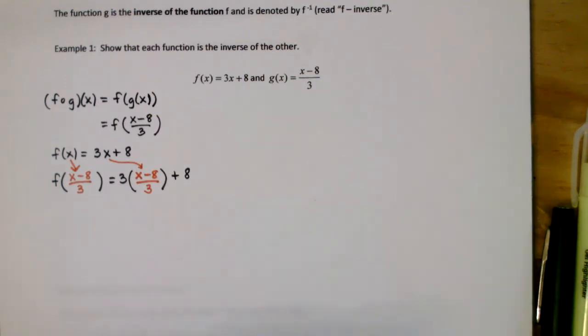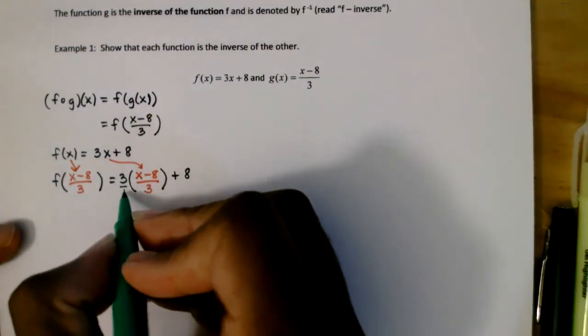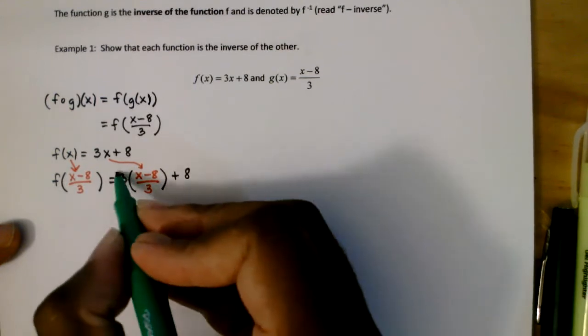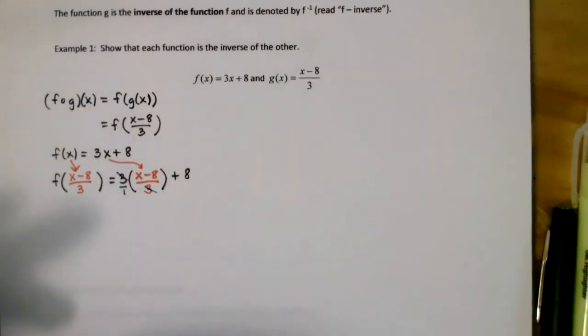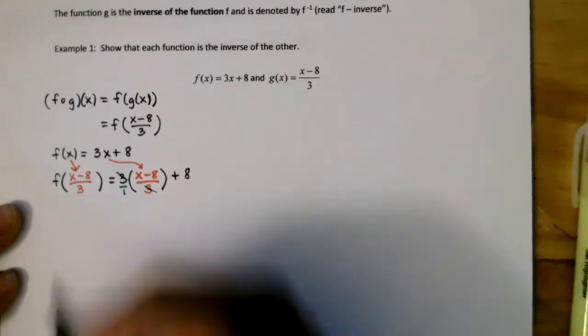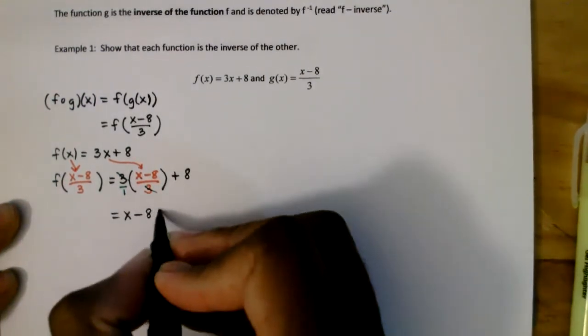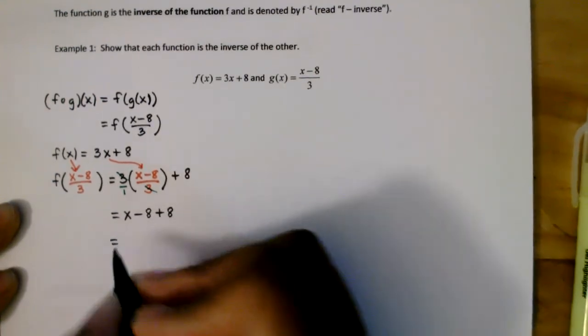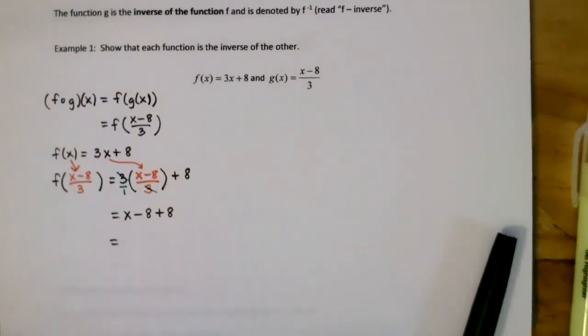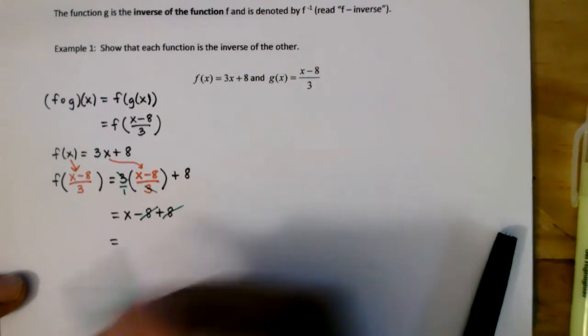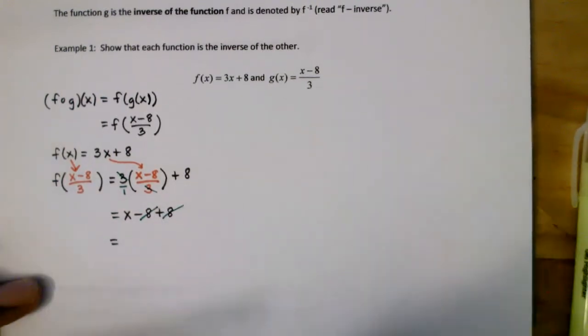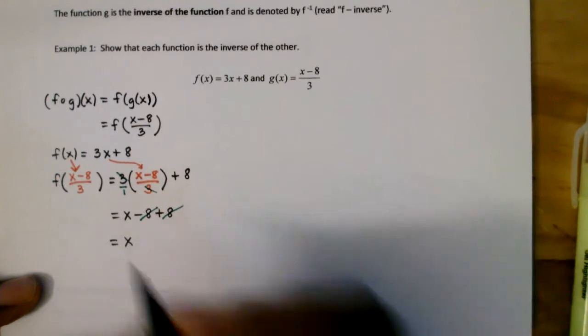Notice that this 3 is like 3 over 1 times x minus 8 over 3, so those 3s divide out. You'll be left with x minus 8 and then the plus 8. Well, the minus 8 and the plus 8 are gone when you combine those two. You'll be left with just x.